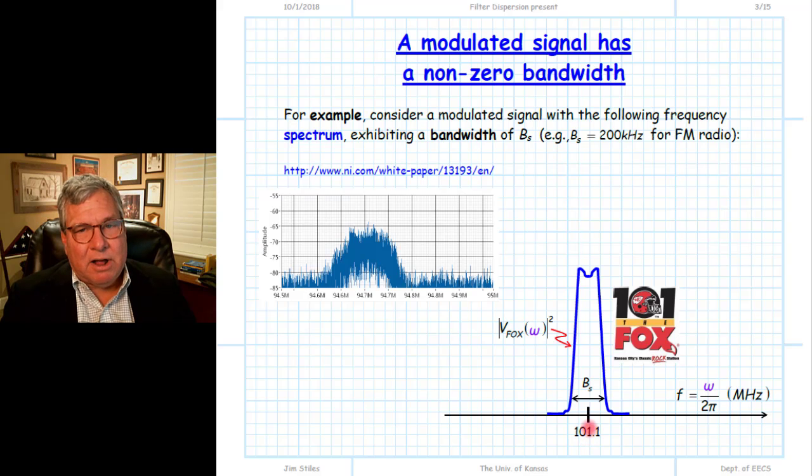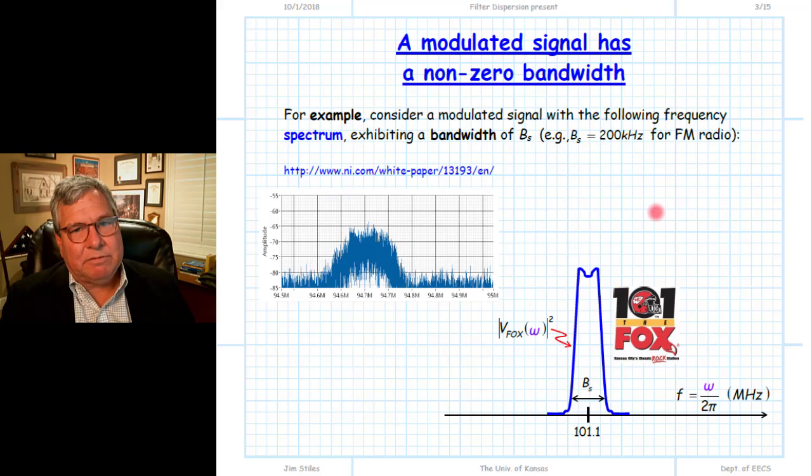If nothing is going on at the radio station, no one is saying anything, no music's being played, we have dead air. In fact, it would transmit a sinusoid, a pure tone, at exactly 101.1 megahertz. But then if we start to play some music or the commercial comes on, that frequency begins to be modulated. And we see then that it wiggles around 101.1, and we start to see a spectral spread that occurs. And again, that bandwidth for an FM radio station is about 200 kilohertz.